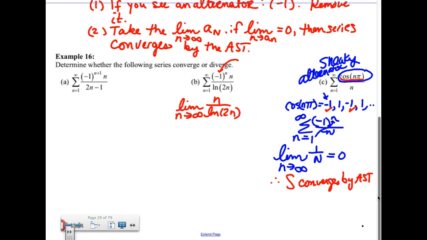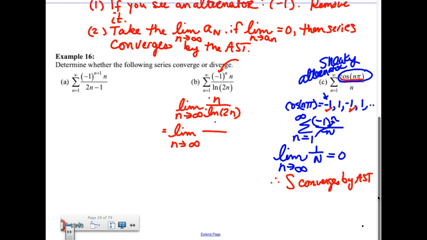This one I would use maybe a little L'Hopital's rule on, because I'm not 100% convinced. This is a slow-growing function, so is this. Normally, natural log grows a lot slower than most anything, but I would still, just to make sure, unless you're 100% positive, use some more methods to be for sure.